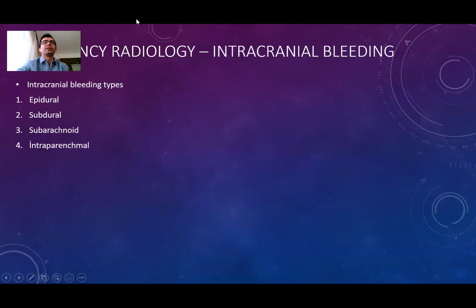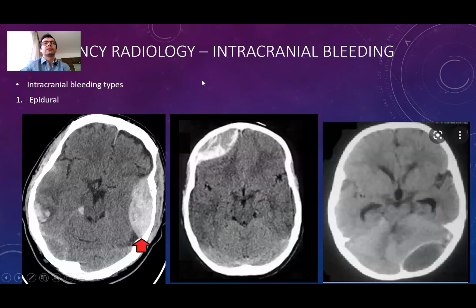So when you look at the intracranial bleeding parts, we have been talking about these intracranial bleedings. It can be above the dura, below the dura, below the arachnoid space, which means the cerebrospinal fluid, and it can be intraparenchymal, right? We have seen some patients before, and I will quickly go over them again.